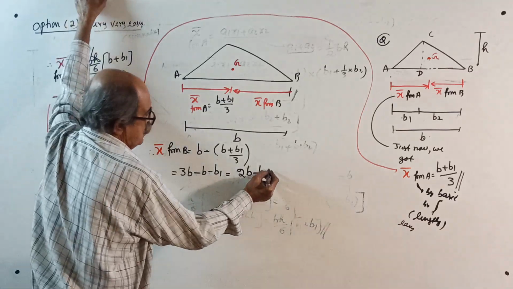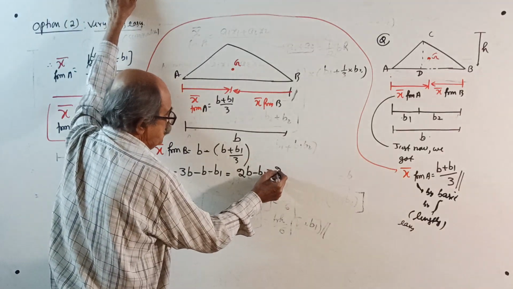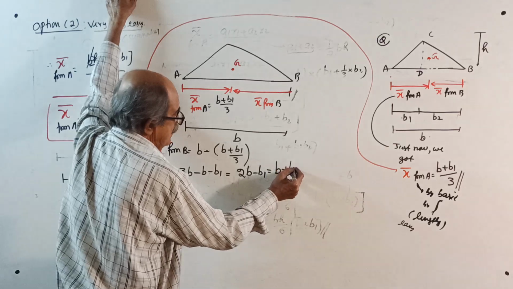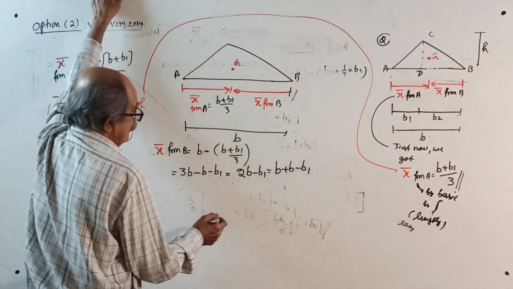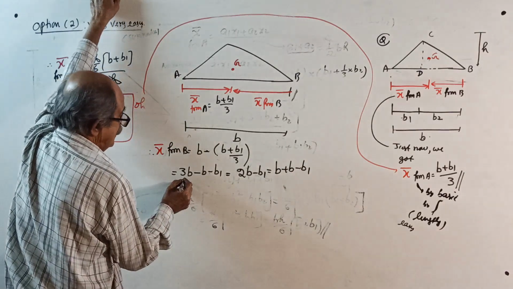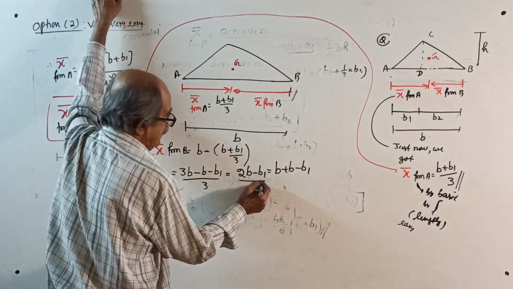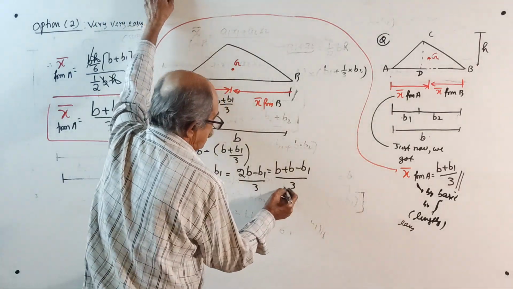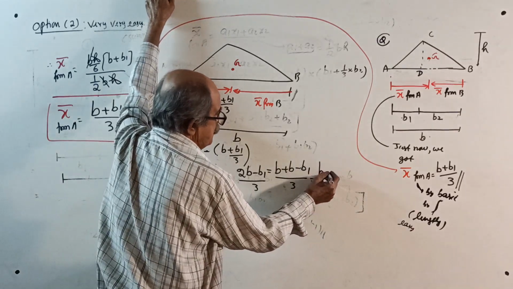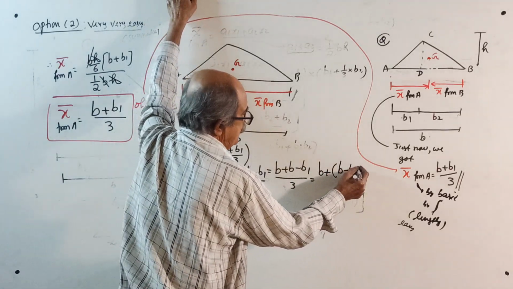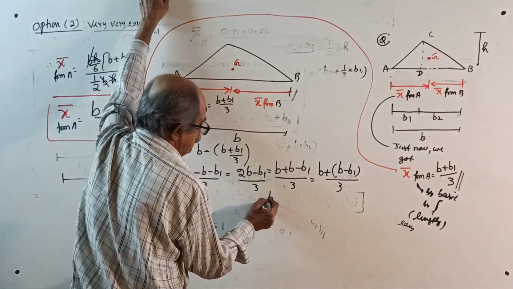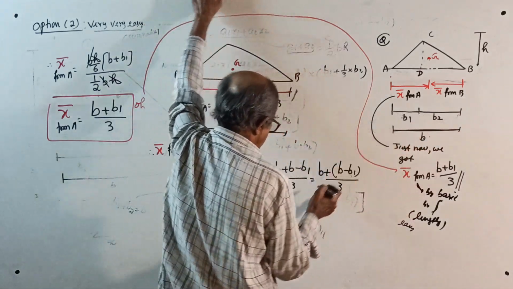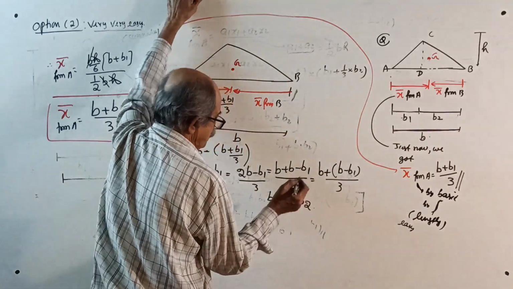I want b2 now, so I will do one thing. 2b, I will put b plus b minus b1, divided by 3. I forgot the divided by 3. So it equals b plus b minus b1 divided by 3. But b minus b1, this is b, this is b1, b minus b1 is b2.